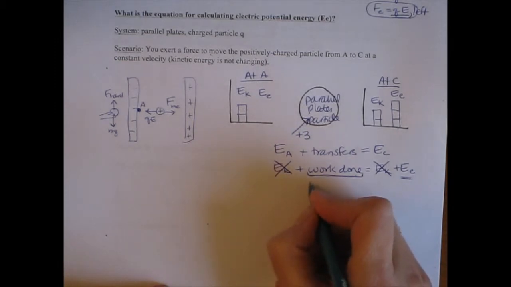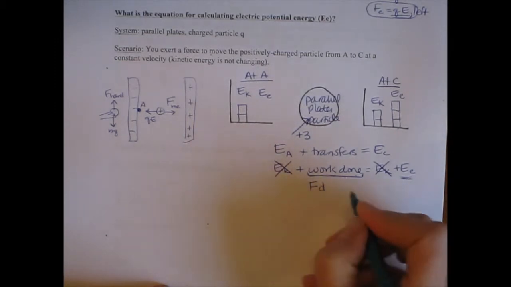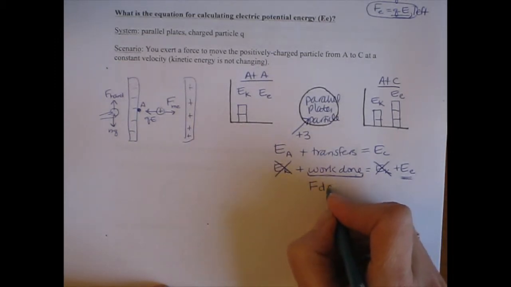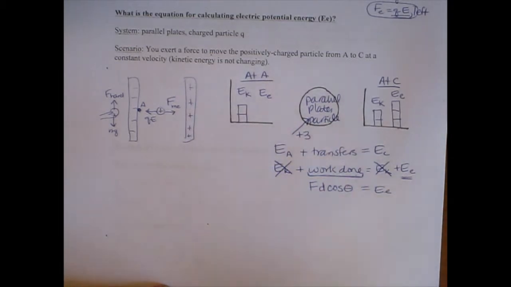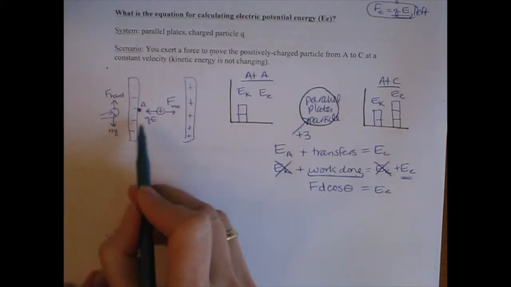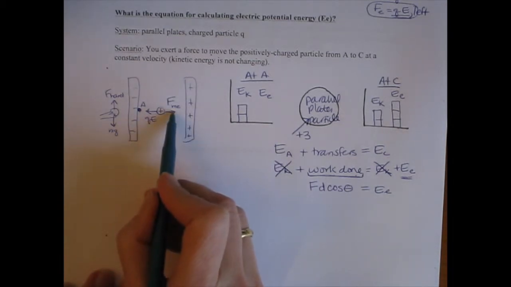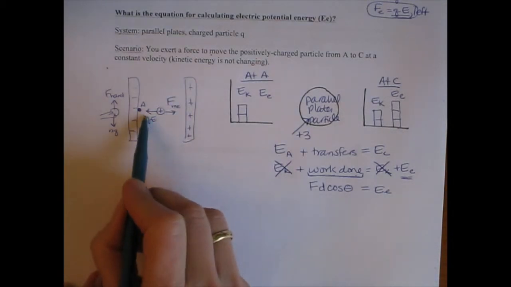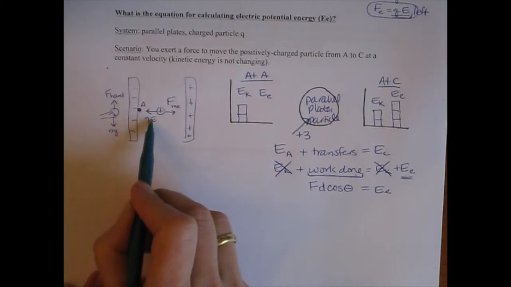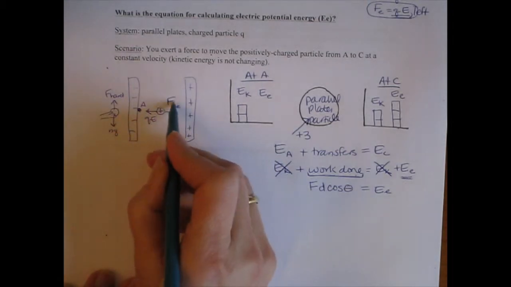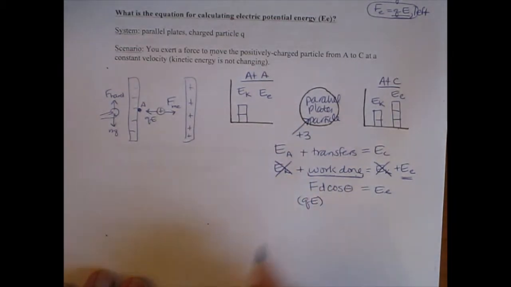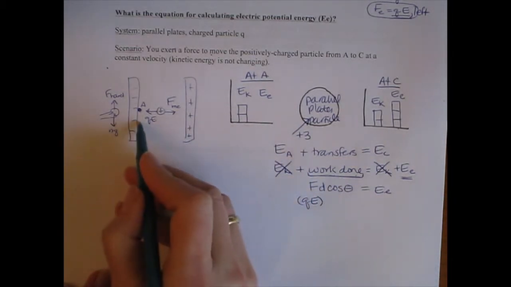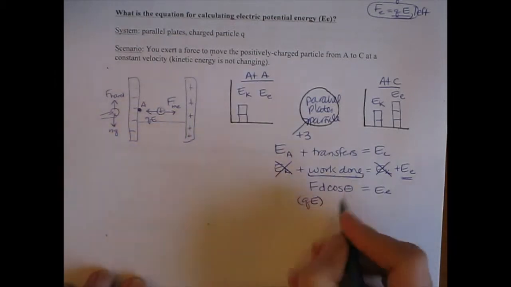So if you remember how we calculate work, it's the force times the displacement times the cosine of the angle between those two things. The force in this case is my force, and my force is equal to the electric force. So the magnitude of the force is Q times E, because my force equals that one. So Q times E, and the distance is going to be the entire distance between the plates.